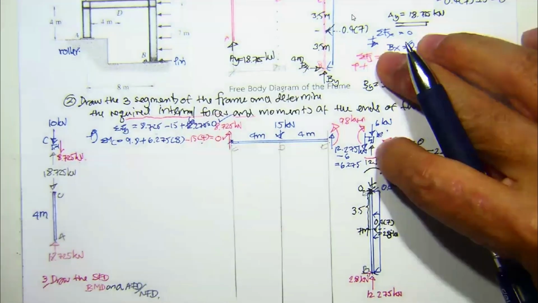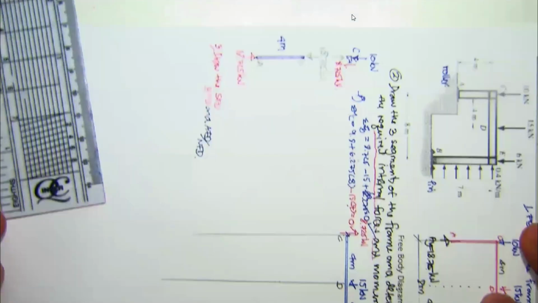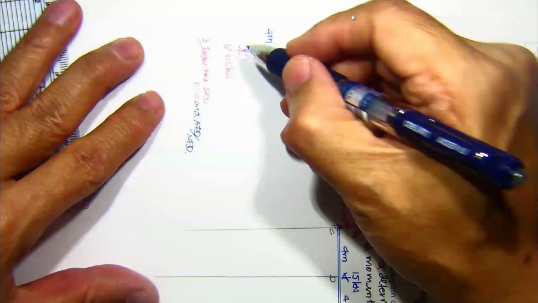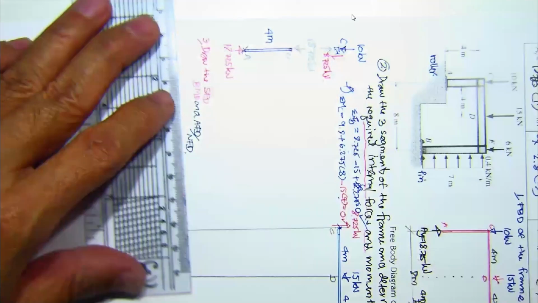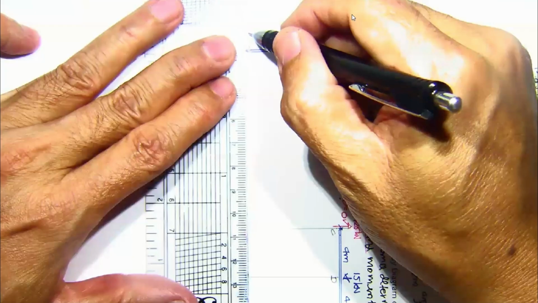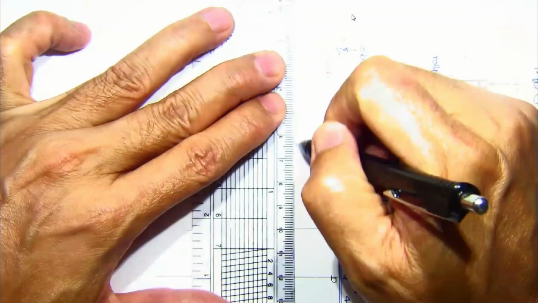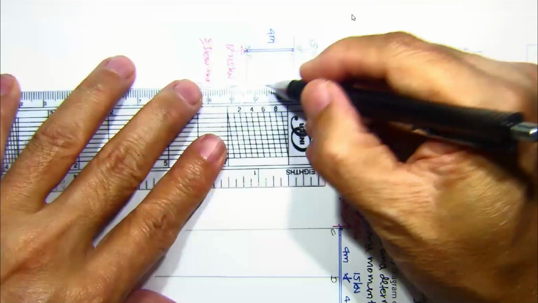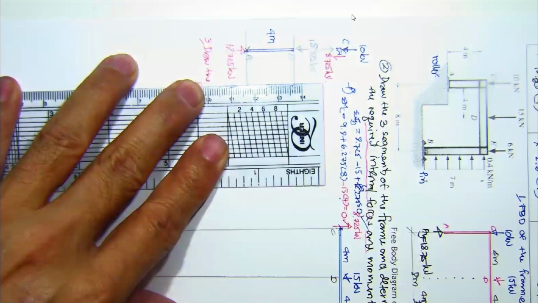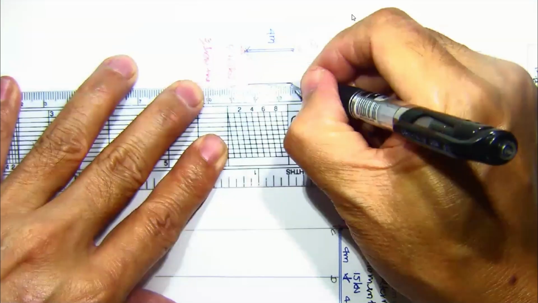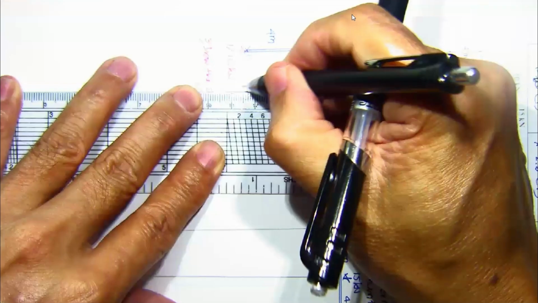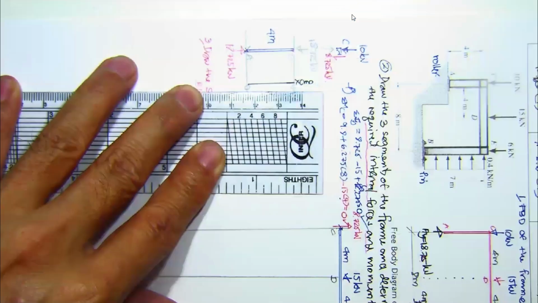And again, start by rotating it, and we will start from the bottom to the top for this 4-meter column. Now, for this one, we have shear force at x meter, start 0 over here and 4 over here.